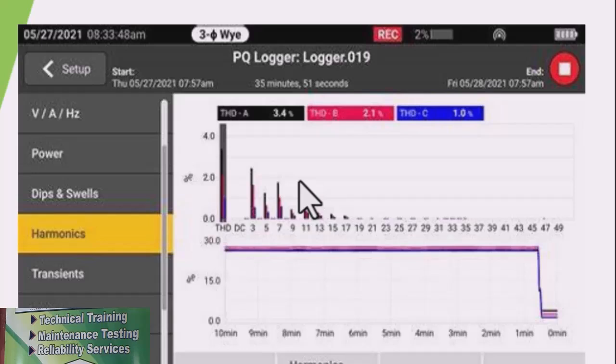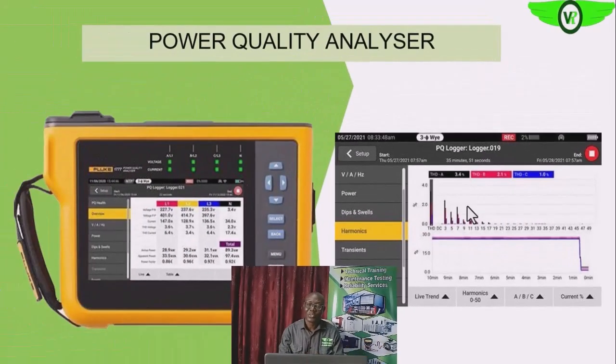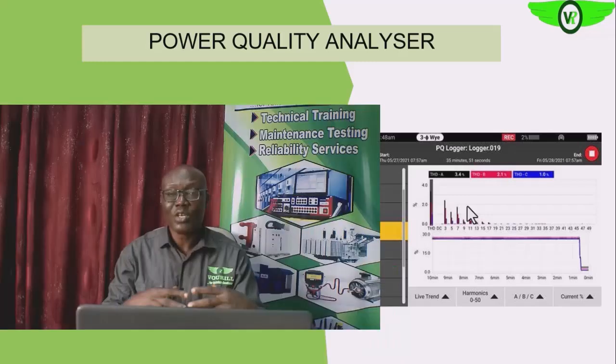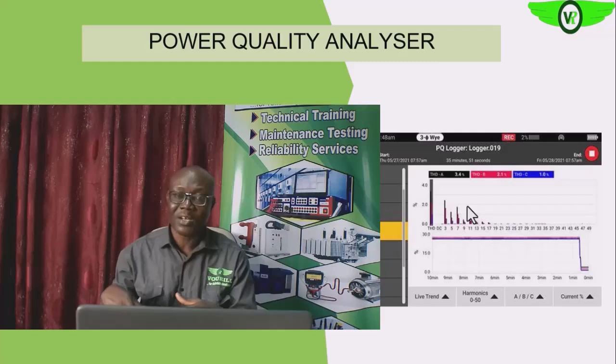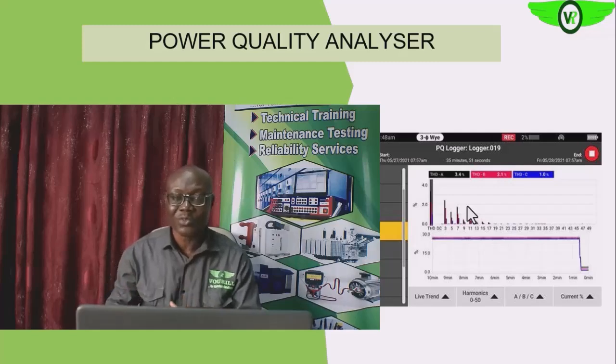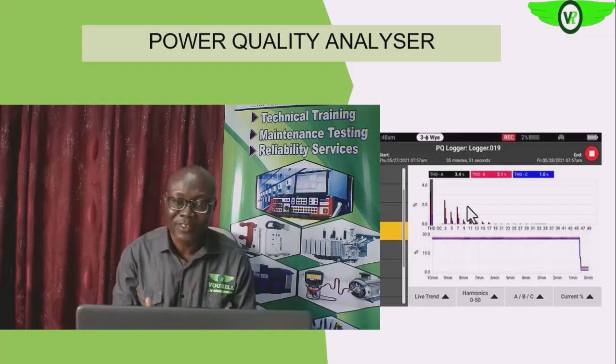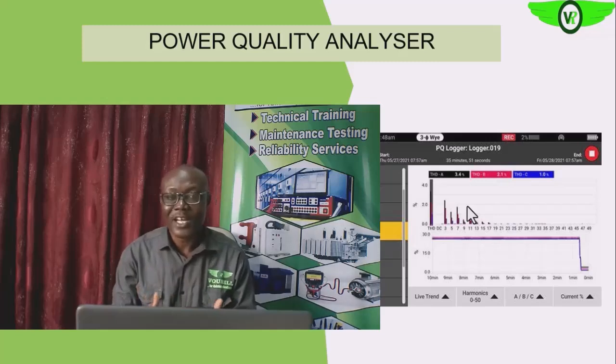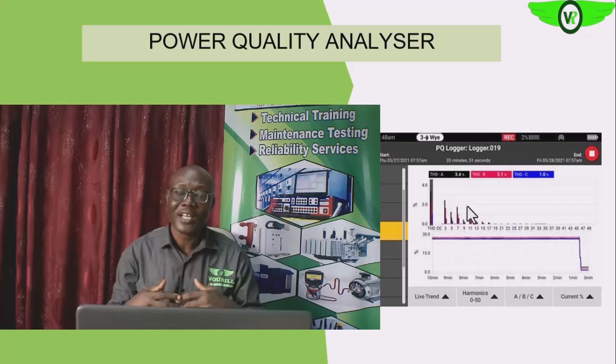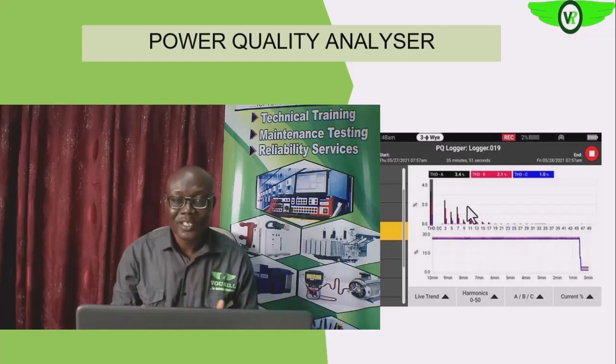If it is more than 8%, of course, you inform your utility to do whatever they need to do to reduce the harmonic distortion. As you go into your system too, remember those nonlinear loads that we have in our system that help us to improve our operations.